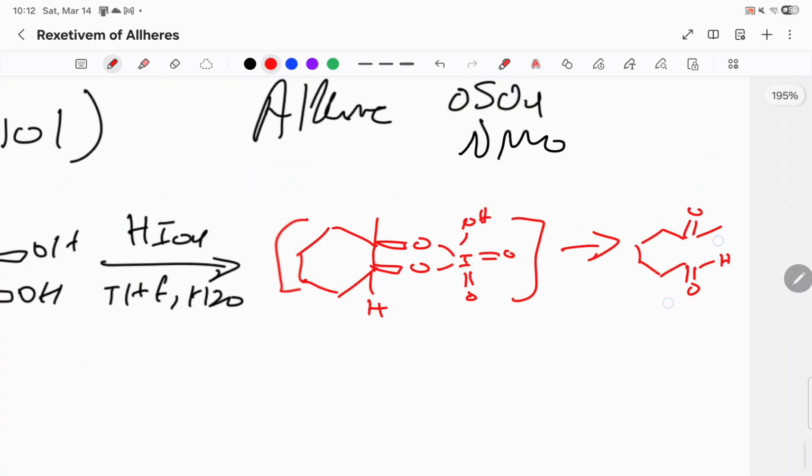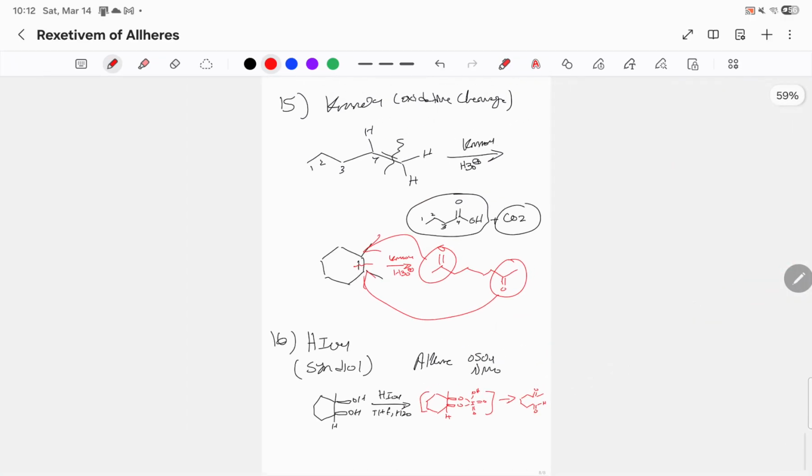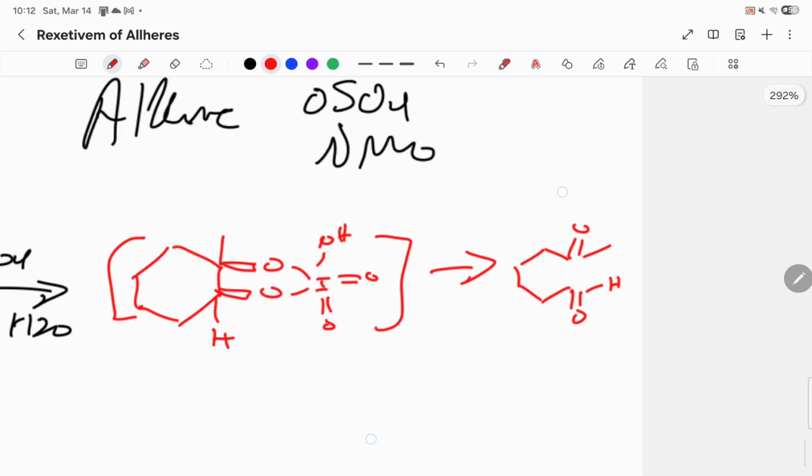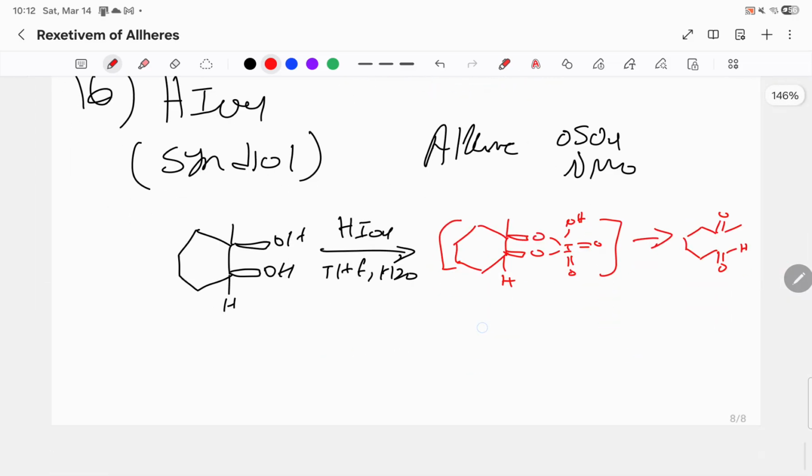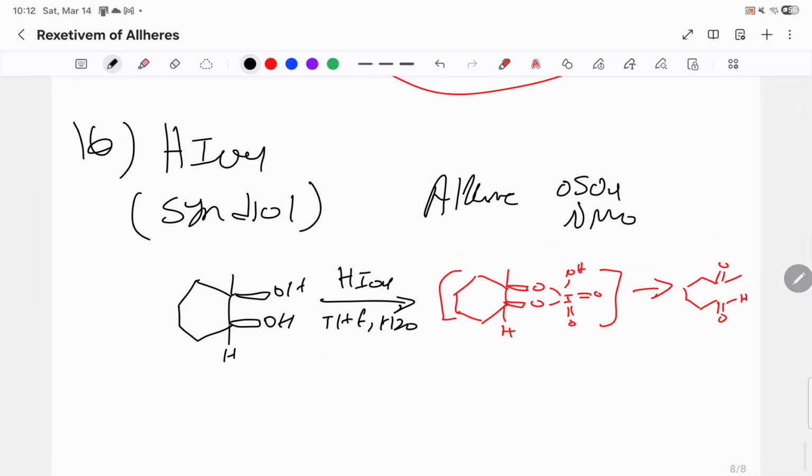And again, you can do exactly what I did in the previous one, where you can turn it into its open chain, fully stretched out form. But you can see I get a ketone and an aldehyde, again depending on the substitution pattern of my starting compound.